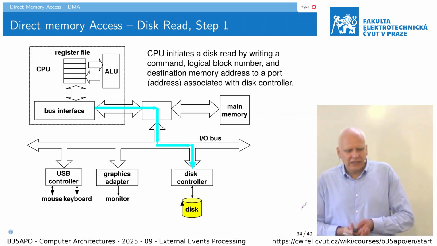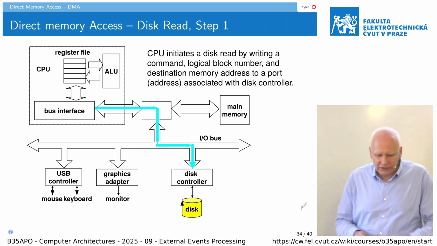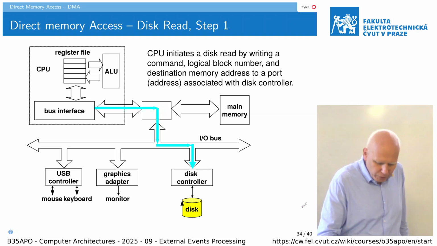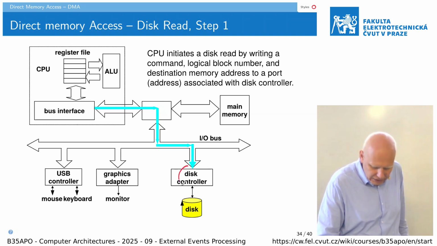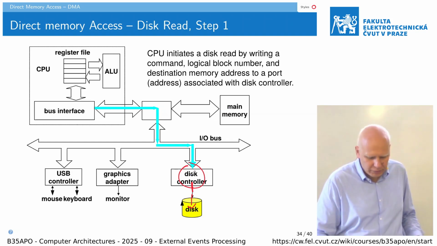And okay, there is an example of how we can read data between the disk and the memory. The processor sets up the controller to address some block on the disk and sets the address in memory where the data should be stored.